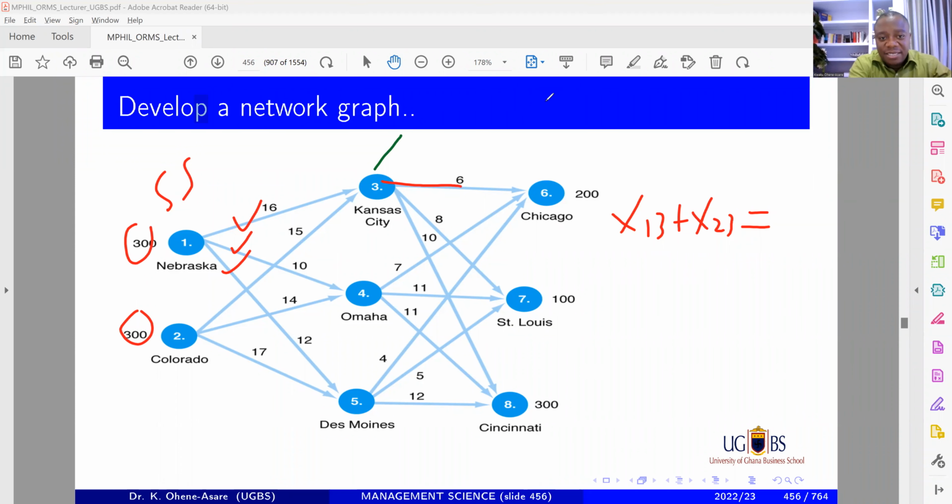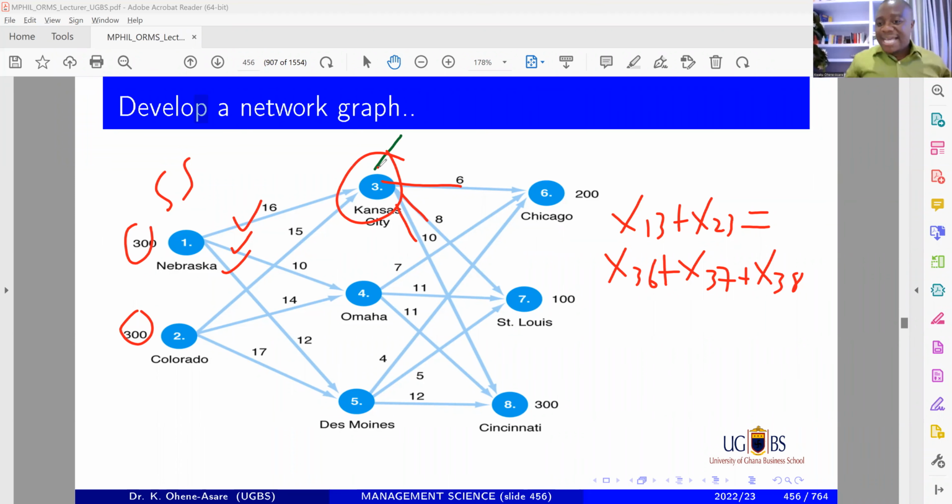This one is leaving, this one is leaving, this one is leaving. So you have x36 plus x37 plus x38 leaving it. So the constraint for node 3 is this one. It's simply saying that the arcs entering it should be equal to the arcs leaving it. Finished.